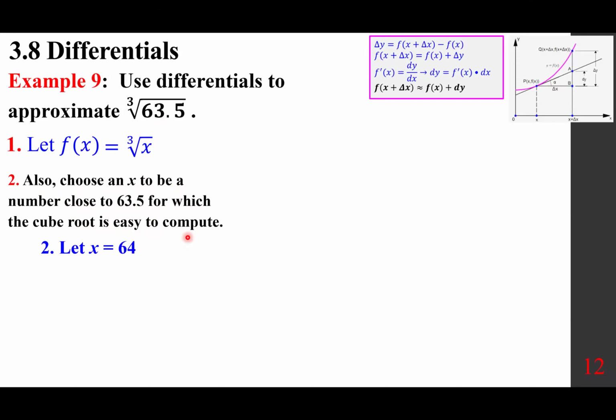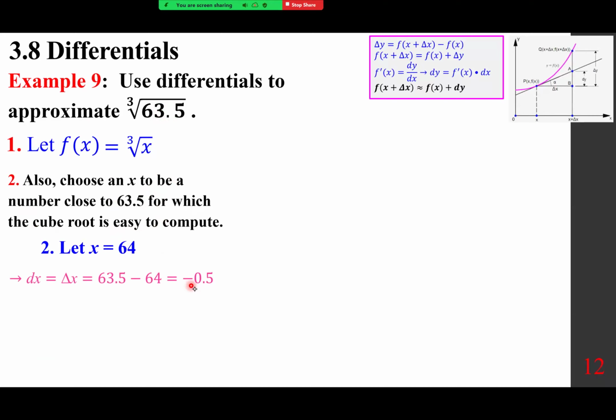So we have the function, we have the x, and from x we want to go to 63.5. So this becomes the original and this is the new one. 63.5 minus 64 results in delta x or dx being negative 0.5. Meaning, we know the cube root of 64 is 4. We may not know the cube root of 63.5, but it has to be less than 4 because this is negative.